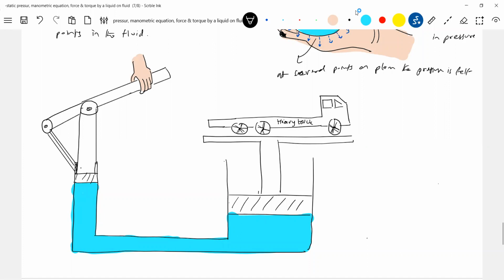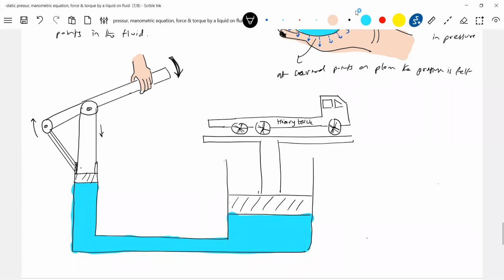So as I press this lever, this particular thing will be moved. As I press it down, the movement will be like this. This will move down, this will shift, and this will come like this.